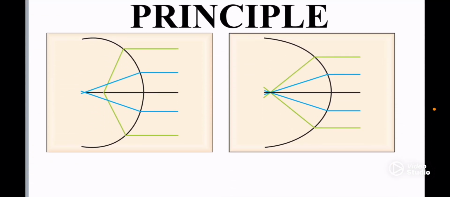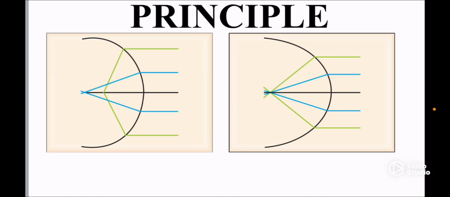Now there are two images in this slide. The image on the right side depicts that all the rays coming from a point are focused on the same point, that is its focus point. While on the left image we can see that the rays which are peripheral are focused earlier, while the rays towards the center are focused more distant, away from the focus point.